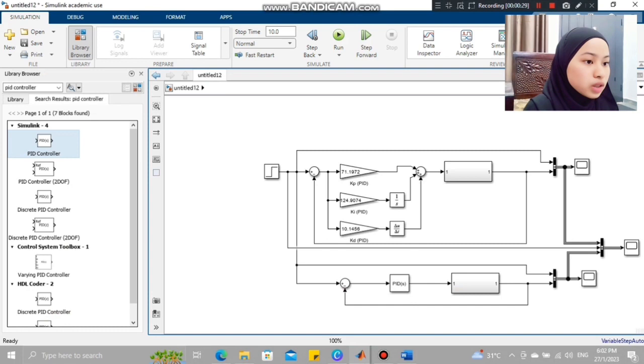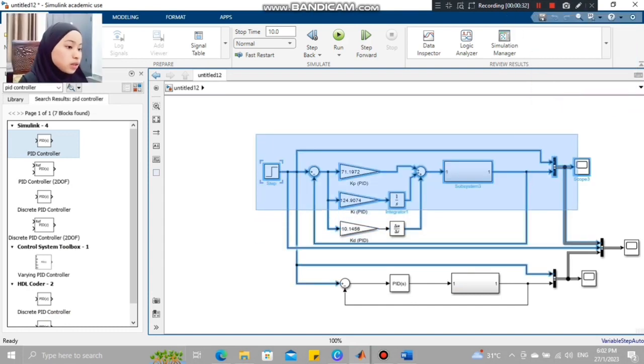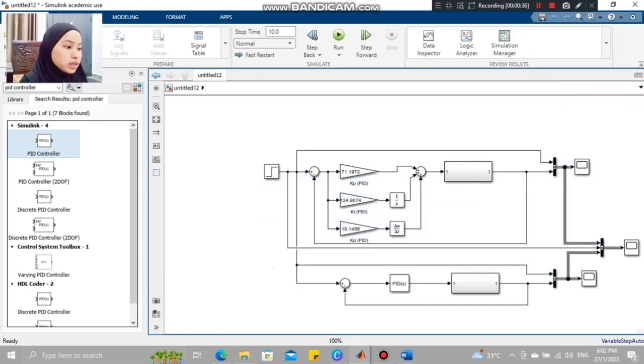This is the manual, and below is the automatic tuning block diagram. We put a sum, then this is the PID controller, this is the subsystem, and in the subsystem we put the transfer function we get from the equation. This is the bus creator, and lastly this is the scope we use to show the response for the automatic.